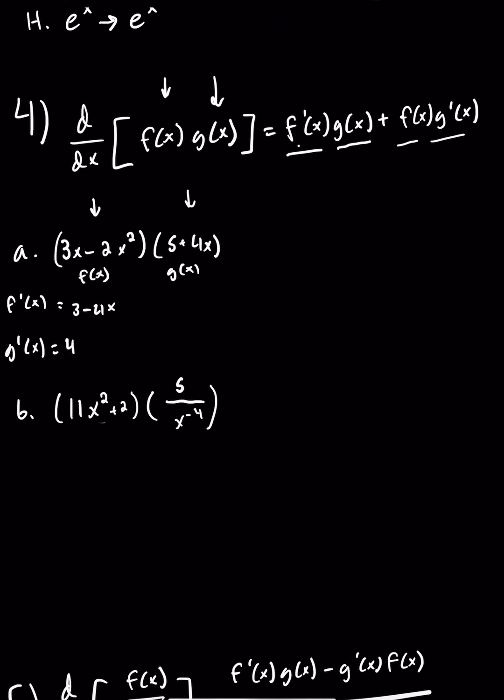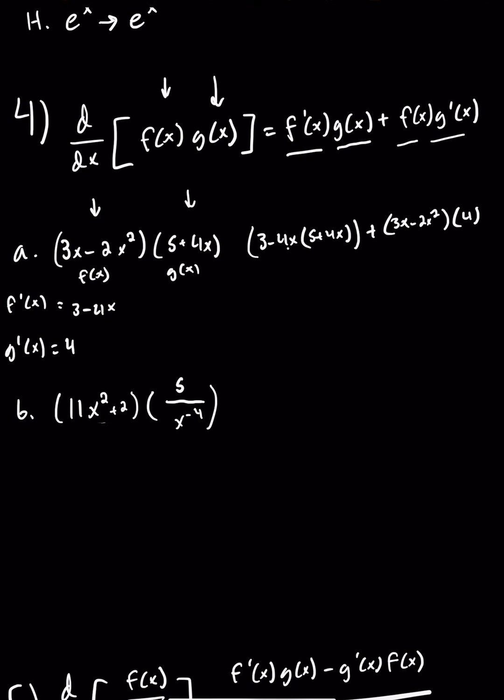Okay, so now we can just plug it into this. So f prime of x is 3 minus 4x times our g of x, 5 plus 4x. Take all that, add it to our original f of x, 3x minus 2x squared, times g prime of x, which is 4. And from there we just solve.